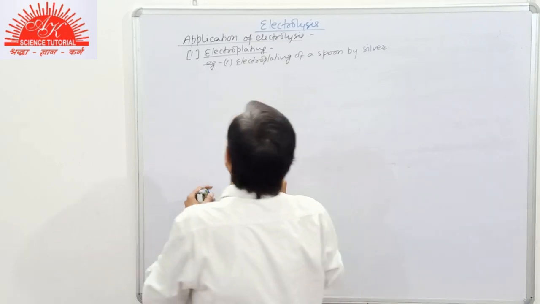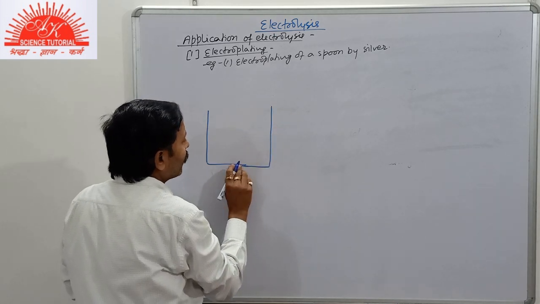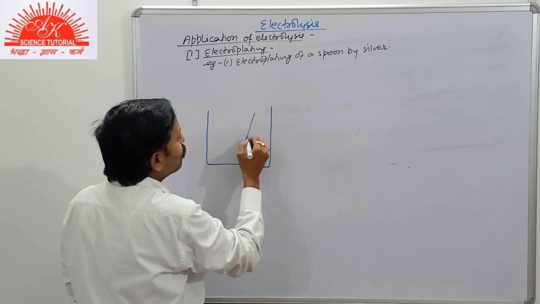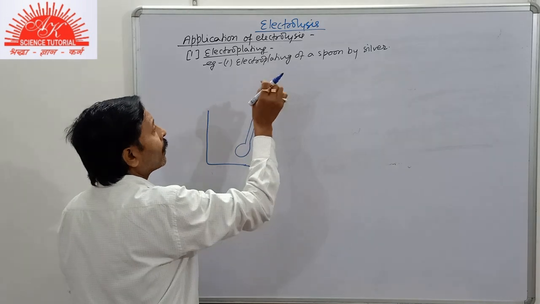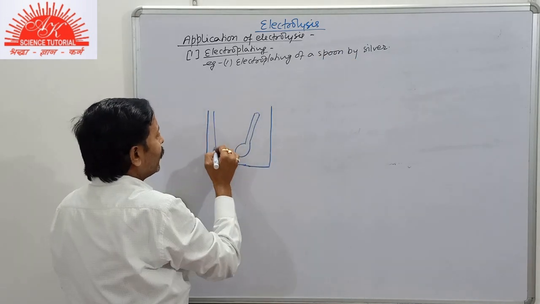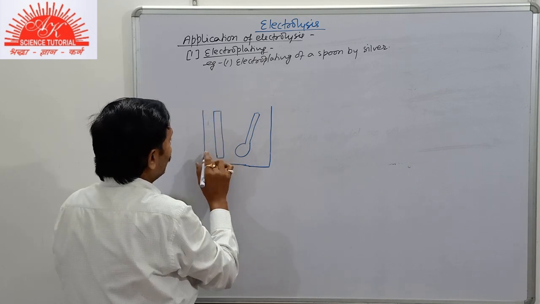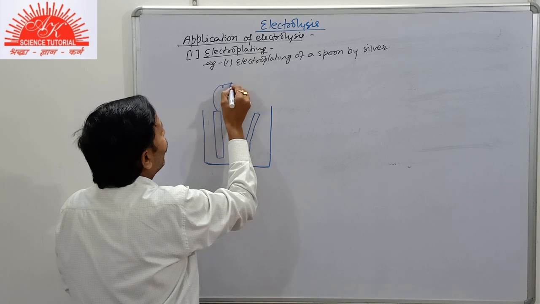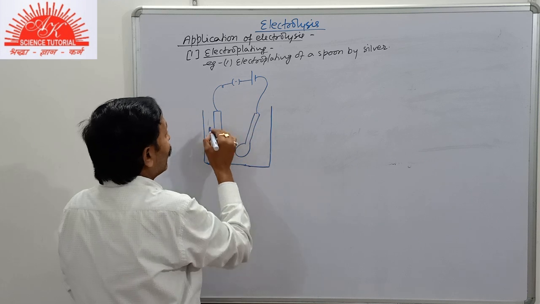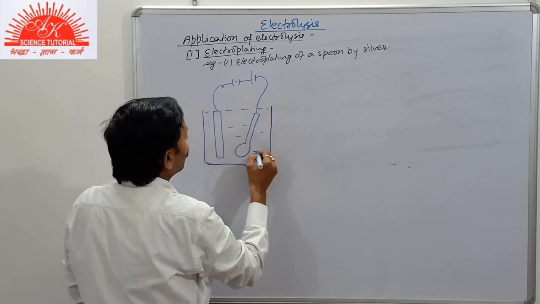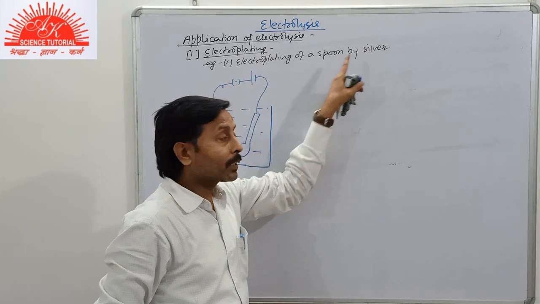Now you see here that according to the conditions discussed, first of all, the spoon, that is the article to be electroplated, is placed at cathode. The metal to be deposited is placed at anode. And now the circuit is completed here. Now we should have the electrolyte of the salt solution of silver.